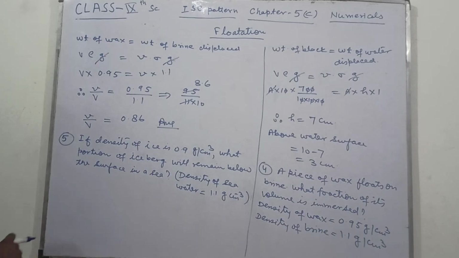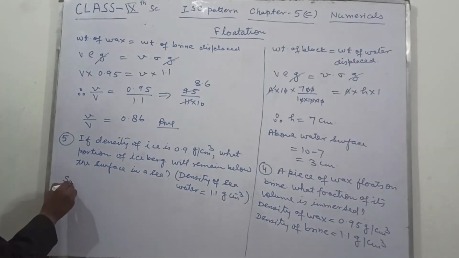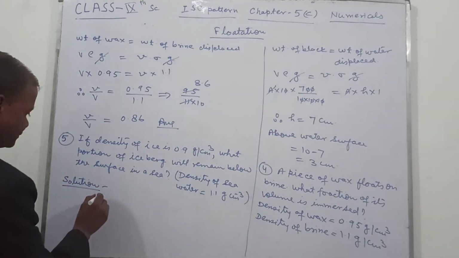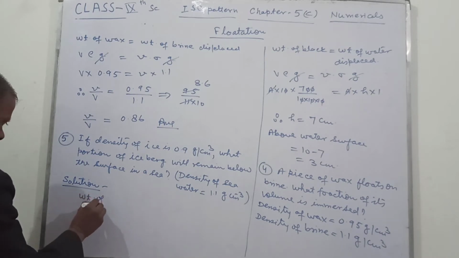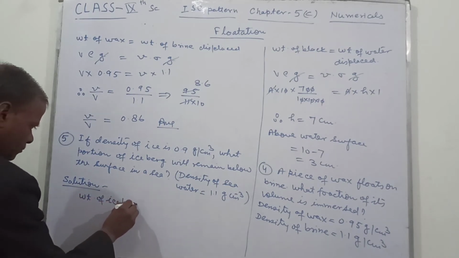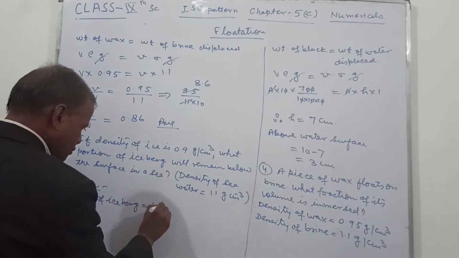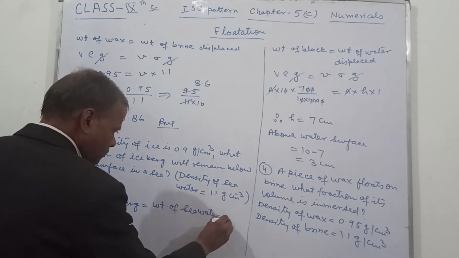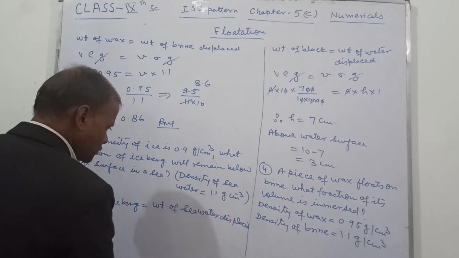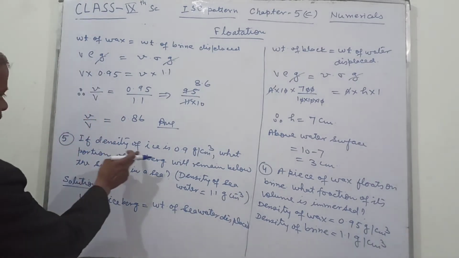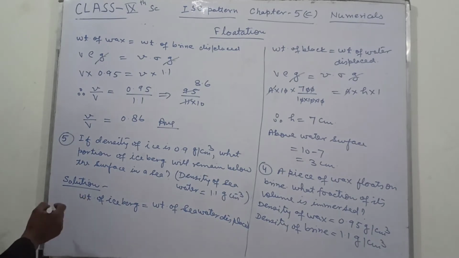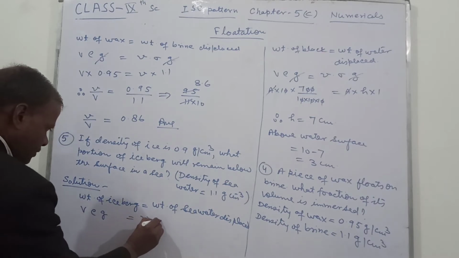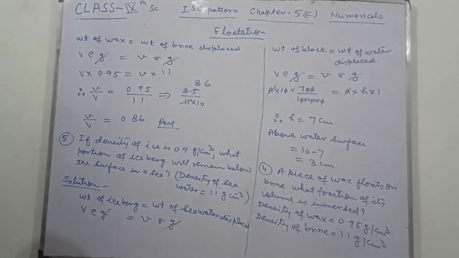So now again we have the solution to this one, that is the weight of iceberg equal to weight of seawater displaced. So weight of iceberg is given to you now. What portion, this is now V rho into g equal to V sigma into g, and g will cancel.